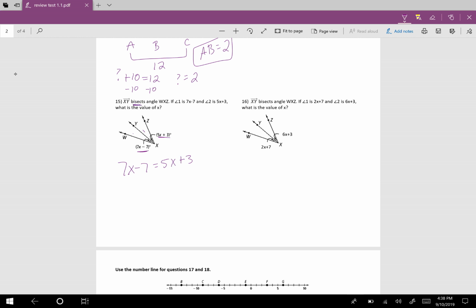Okay, and the reason why we know they're equal is because bisects makes each half equal. So then we need to find, it says what is the value of x? So we just solve this for x. So take away 5x. So 7x minus 5x is 2x, and we still have the minus 7. Over here we just have the 3 left over. Add 7. So 2x is equal to 10. So divide by 2. So x is 5. And there you go. That's all you gotta do.